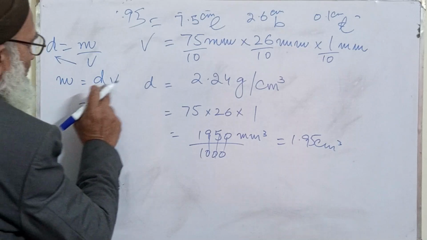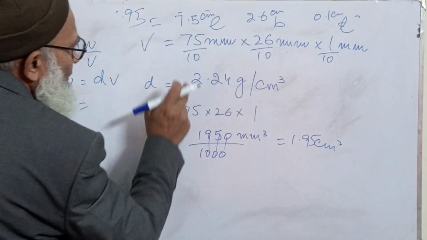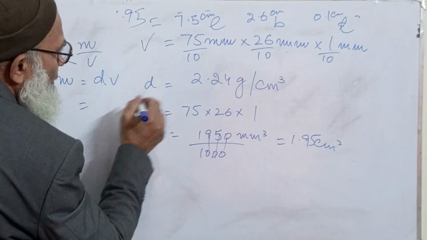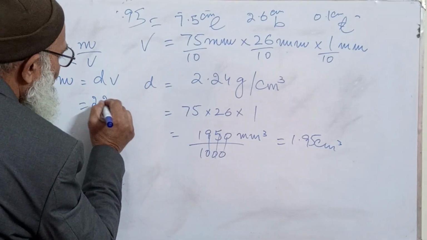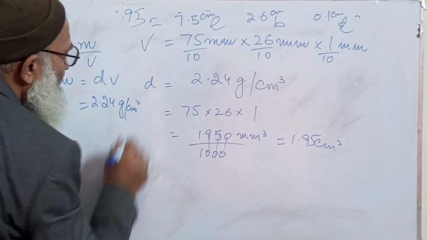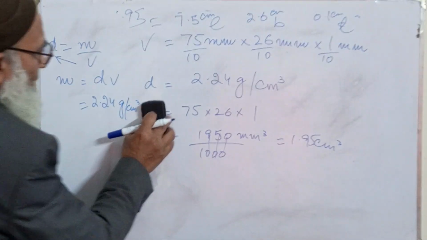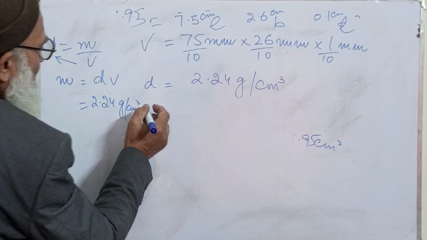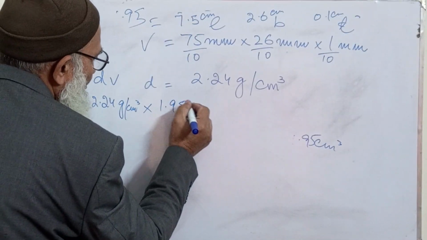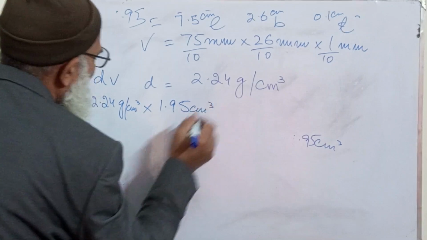Now mass is equal to D multiplied by V. D is 2.24 grams per centimeter cube, multiplied by volume, which was 1.95 centimeter cube.